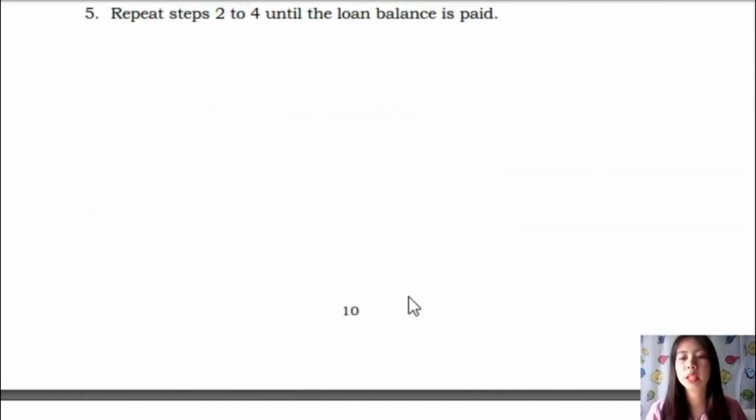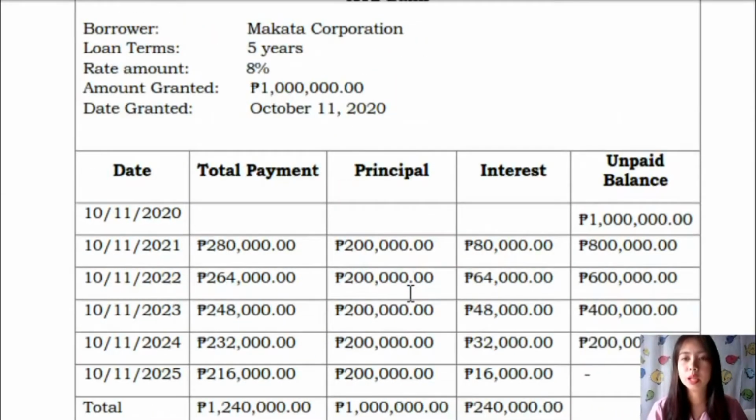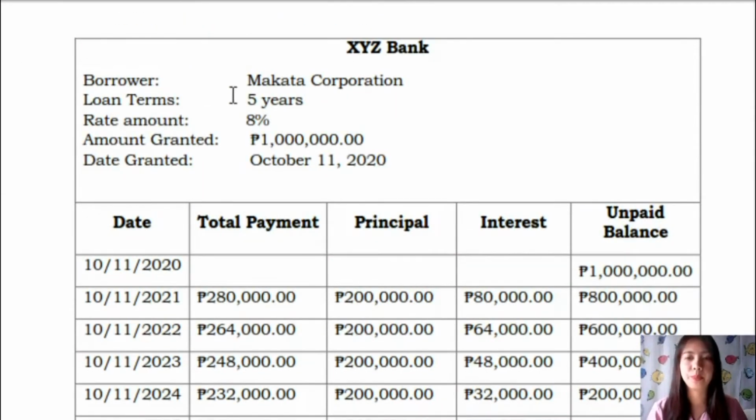This will be the amortization table or the loan schedule for Makata Corporation. You have here the borrower, the loan term, 5 years, the interest rate, 8%, and the amount granted, which is 1 million. Let's say, for example, the date granted is October 11, 2020.